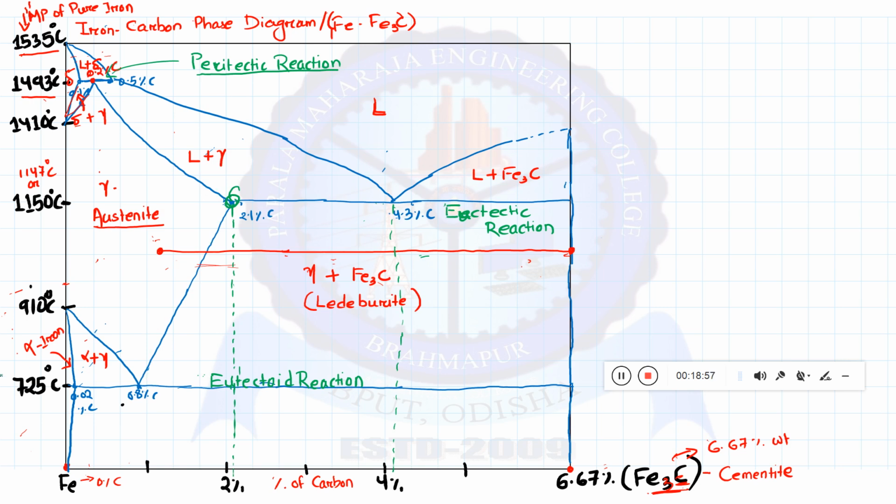So, this part, up to 2.1 percentage of carbon, is known as steel, whereas from 2.1 percentage to 6.67 percentage is known as cast iron.